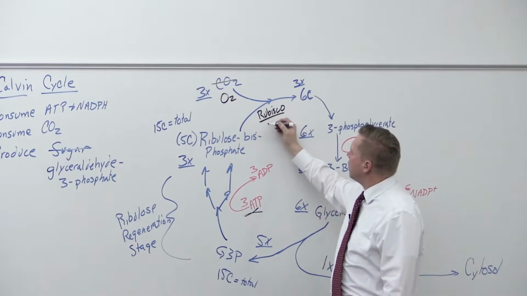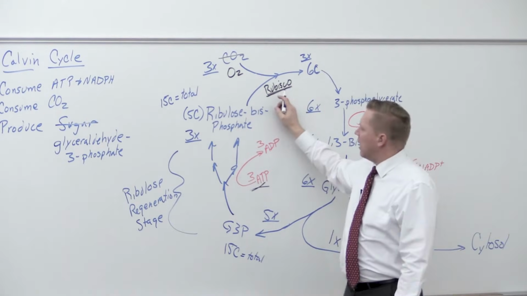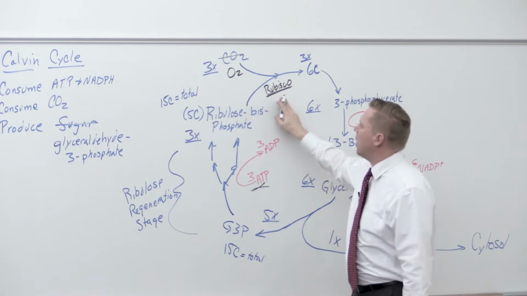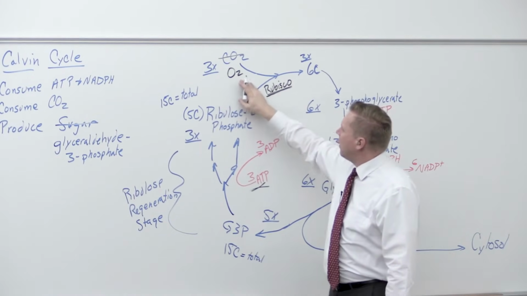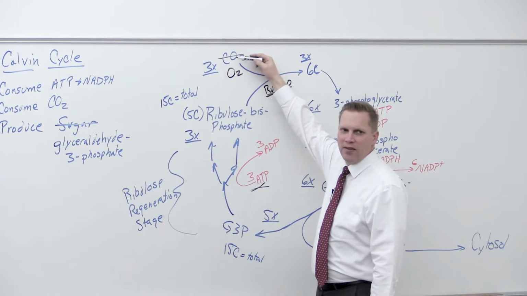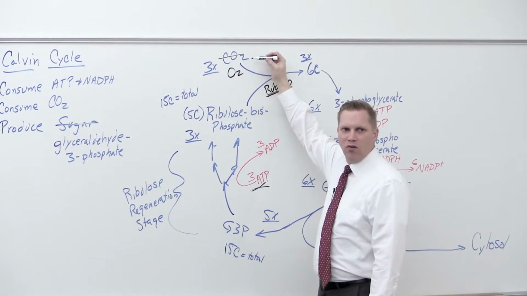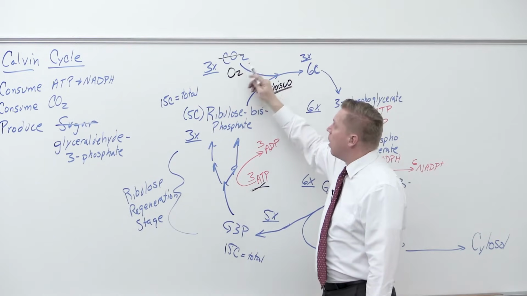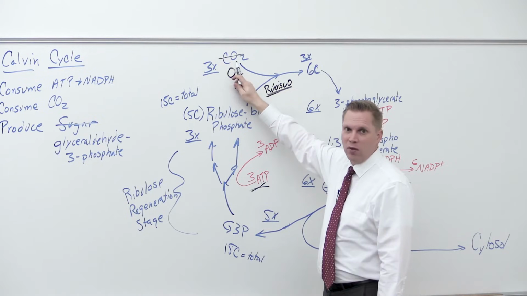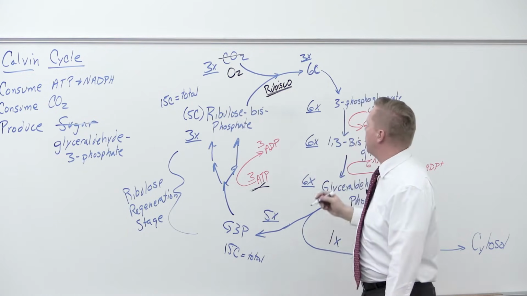And it turns out that Rubisco, the enzyme that carries out this reaction, is a very ancient enzyme. And it really can't distinguish very well. Both of these are small gases, and it can't distinguish between CO2 and O2. And so it will take either one, even though it's supposed to take CO2. It will actually accept and add O2 to ribulose bisphosphate.